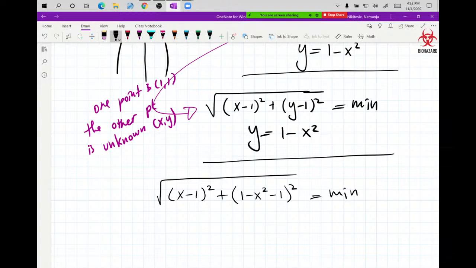Now 1 minus 1 is 0, and then this negative in front of x squared will be killed by this square anyway, so we might not worry about it as well, right? So we have x squared minus 2x plus 1 when you FOIL the first parenthesis, and on the second parenthesis you just get x to the fourth. And all of this is equal to a minimum.